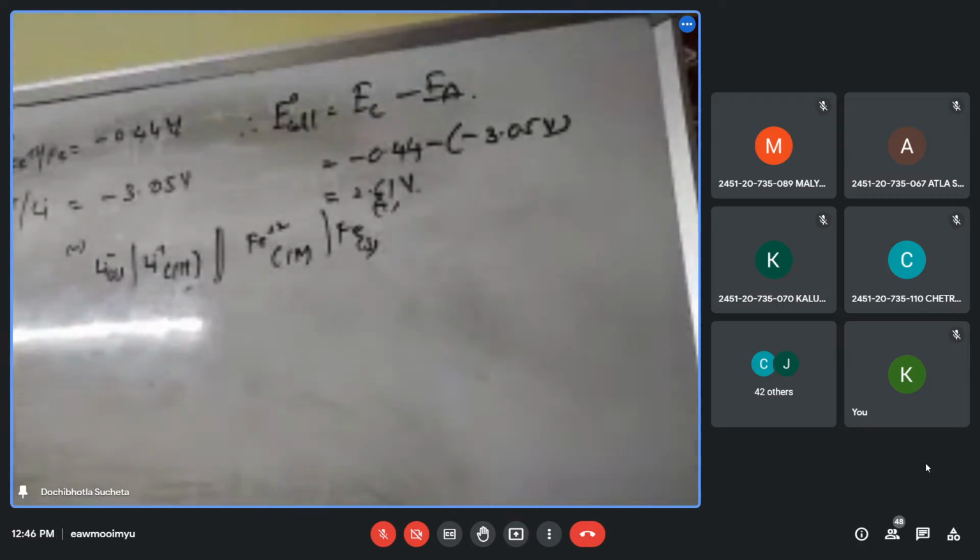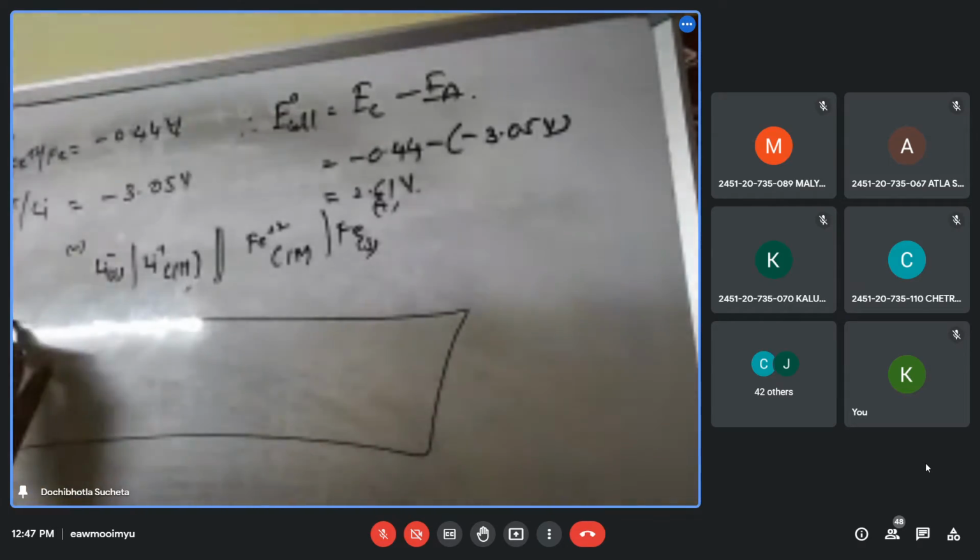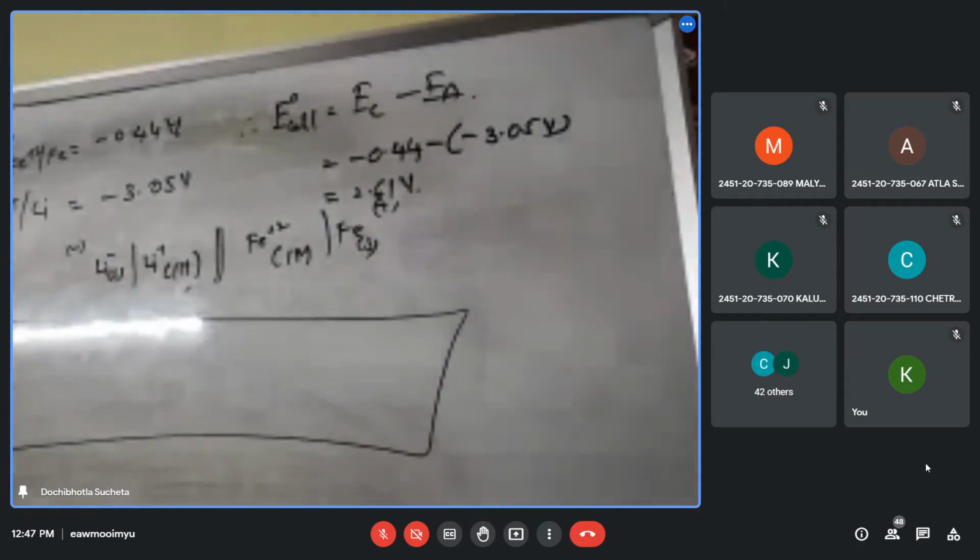Okay, so what you can write? Therefore put it in a block: standard cell potential, in brackets E naught cell, is independent of the stoichiometry of the reaction.